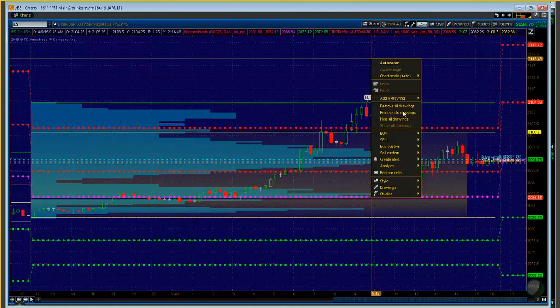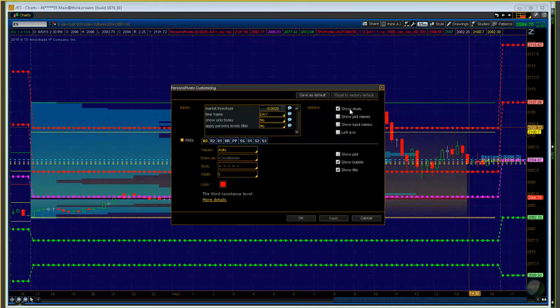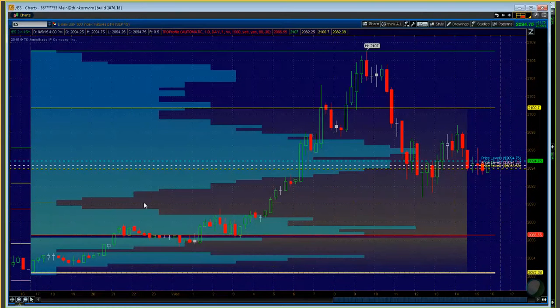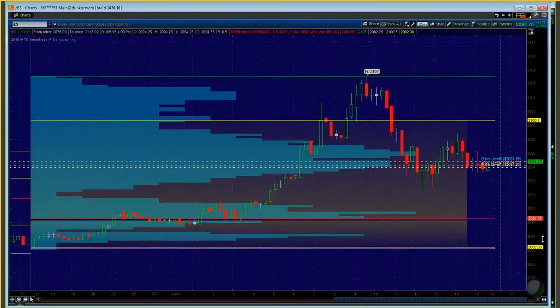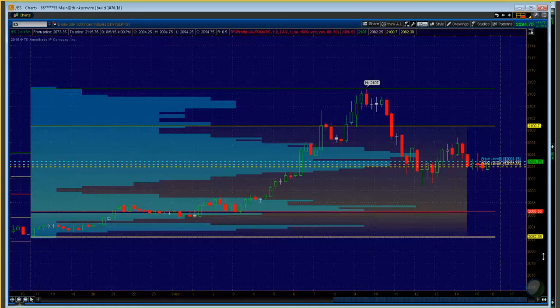It's open, but let me hide pivot points. Okay, so this is the TPO profile. This is the point of control, or the POC, and this is the bottom of the value area. This was the high, and the low of the day was also right at the bottom of the value area.